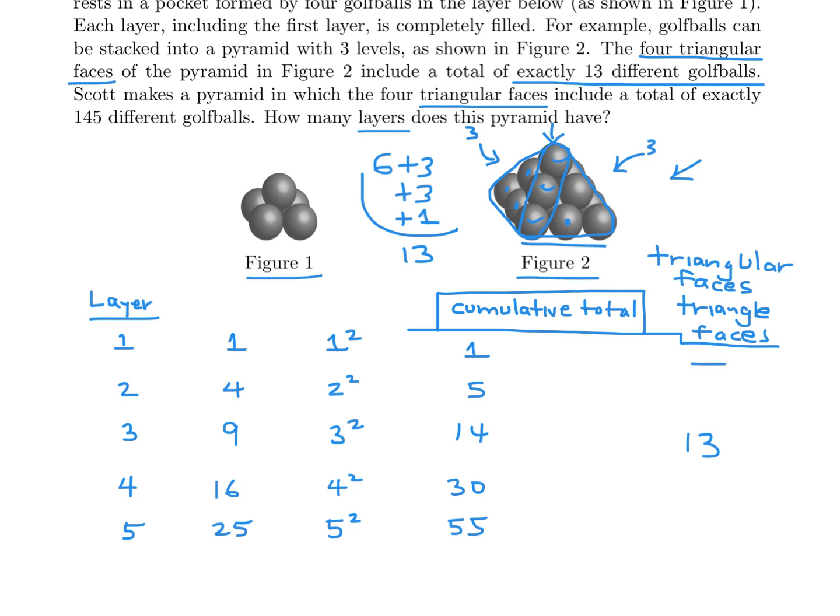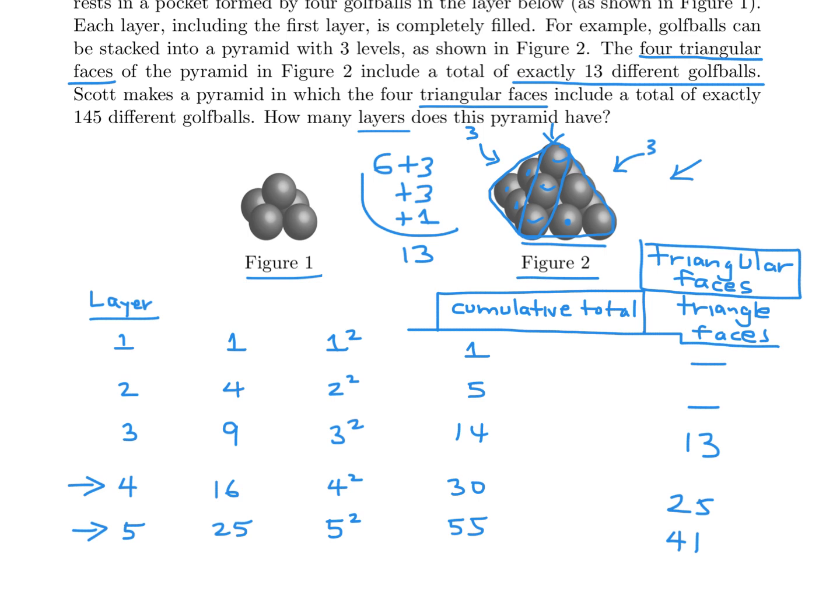Okay, so these 2 guys, we don't care. Now, I want you to do this one and this one. It takes a little bit of thinking, but I think you should be able to. And when you do, you get 25 and 41 as just the number of golf balls in the 4 triangular faces of all those layers.